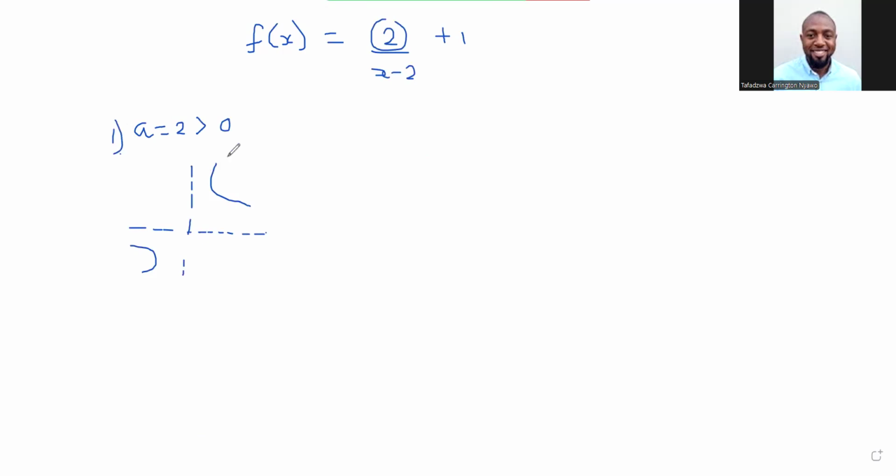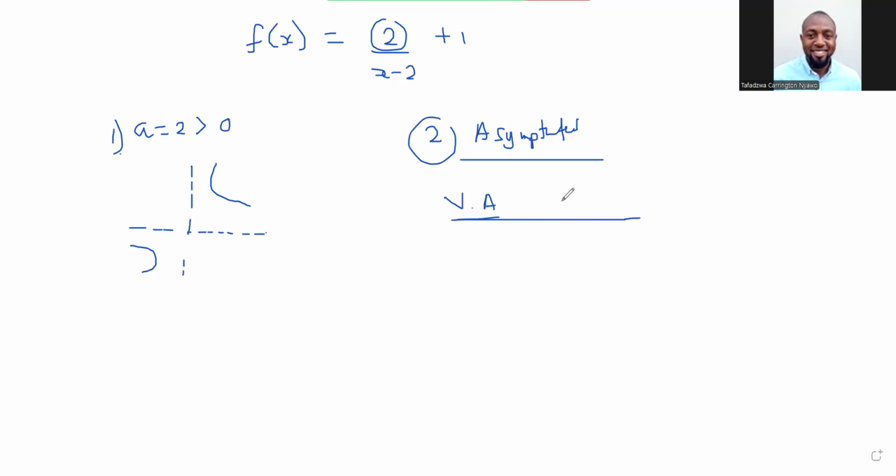Then step number 2 is to find my asymptotes. I can start with the vertical asymptote, VA, standing for vertical asymptote.